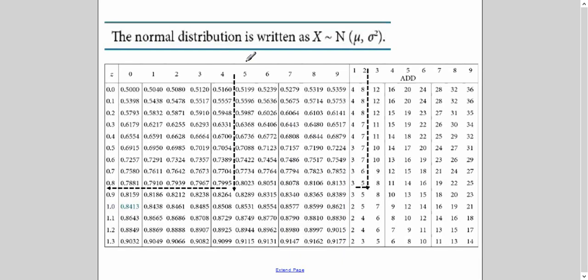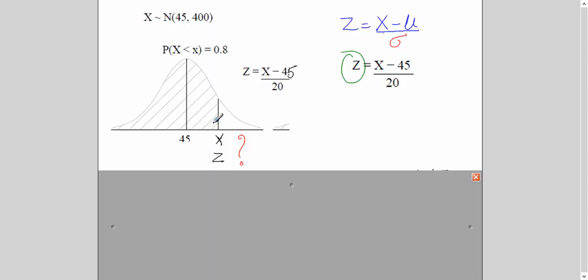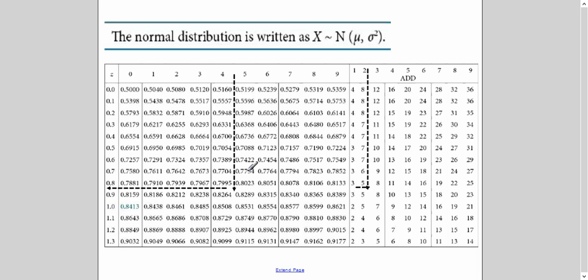If you look at the table, there is 79.5%, then 80.23%. There is no 0.8. 0.8 simply means 80%. So I can see in the table, there is no 0.8000.